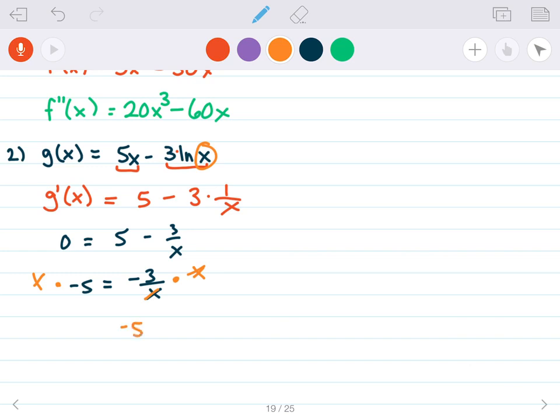And I get negative 5x equals negative 3. Divide both sides by negative 5, and I get x equals 3/5. So this is my critical point. I only have one in this case.